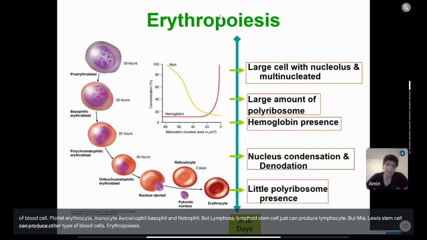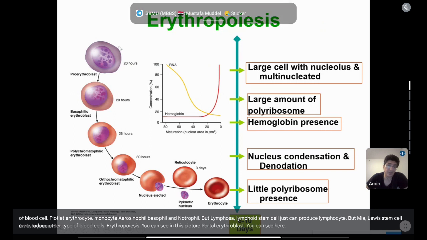Erythropoiesis. You can see in this picture the proerythroblast. You can see here a big cell that has a nucleus.